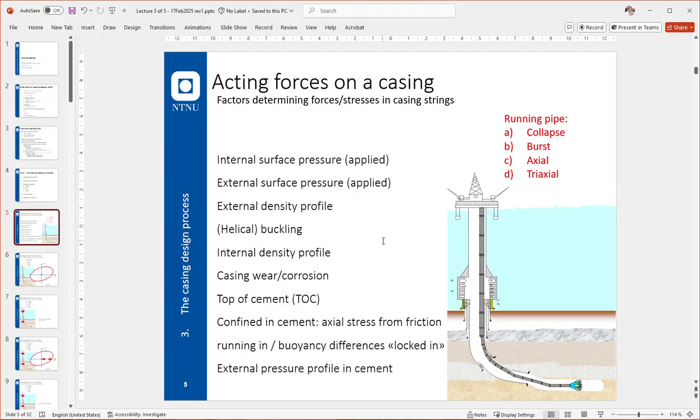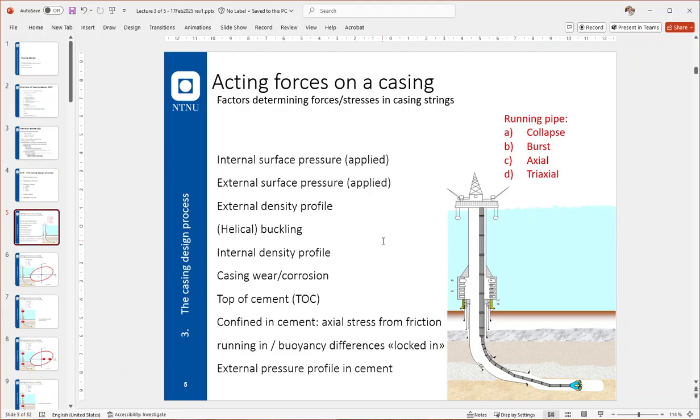We could in some cases do different density profiles. When we are installing a casing, we are running it inside the previous casing, and that casing has the previous mud or whatever it was that we pumped ahead of the cement. That will be in the annulus of the previous casing.